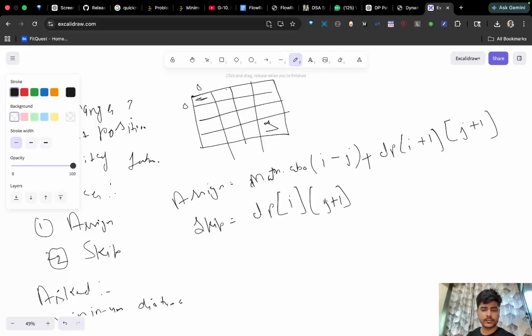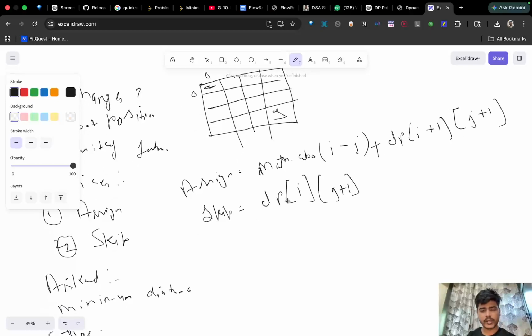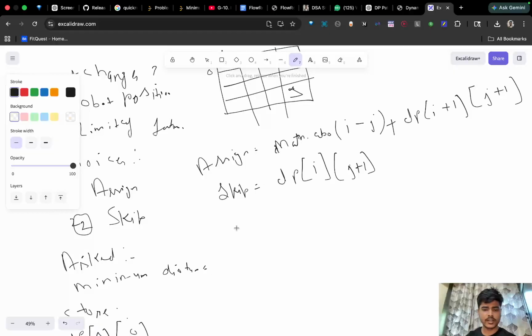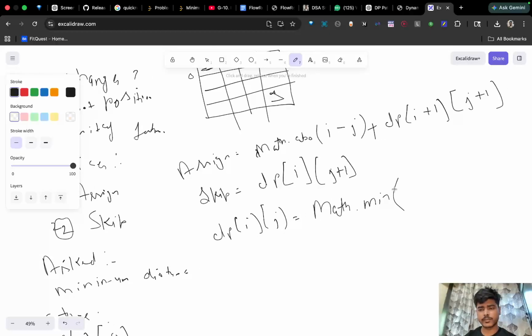That is, for the current robot, I borrow my answer from the future factory j+1, if I'm not assigning the robot i to the factory j. And we have to minimize this distance, so my final answer for dp[i][j] is going to be Math.min of assign and skip.